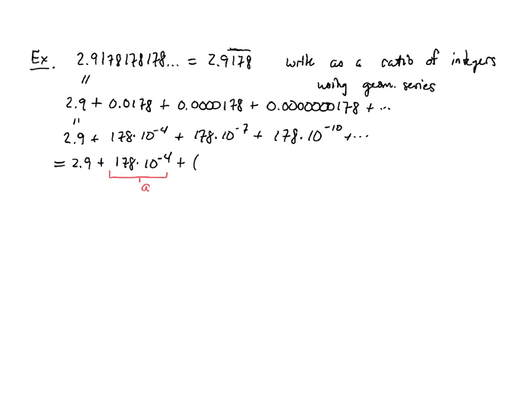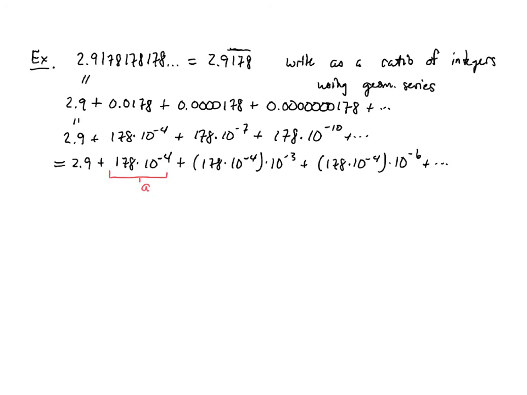So what we get here is 178 times 10 to the minus 4 times the quantity 10 to the minus 3. And the next one, when I factor out the 178 times 10 to the minus 4, I'm left with 10 to the minus 6, and so on.